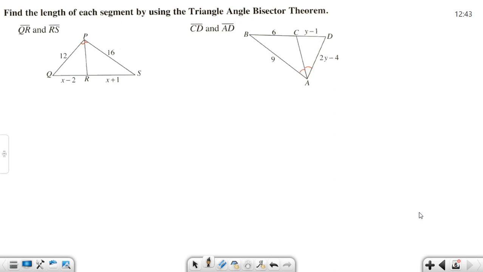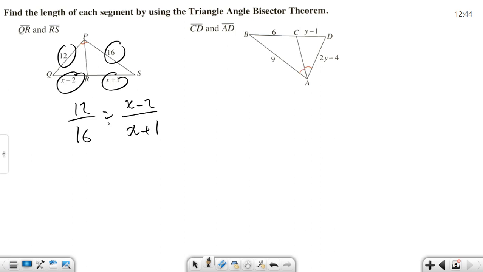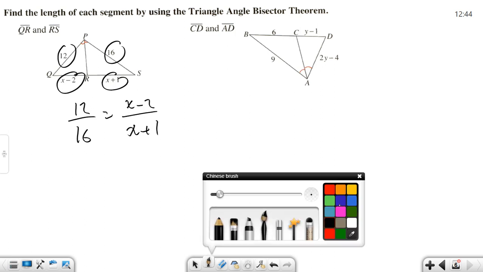Two more questions, and these are the angle bisector. I will only solve one, so you can find the same method for the second example, no problem. 12 over 16 is equal to X minus 2 over X plus 1. Let's simplify 12 and 16 first.